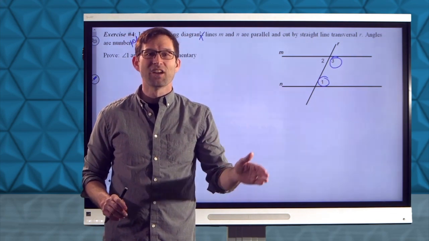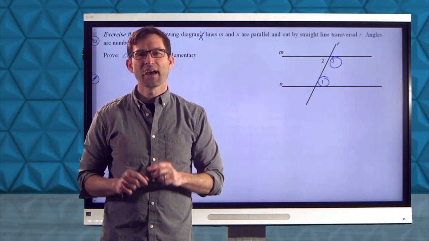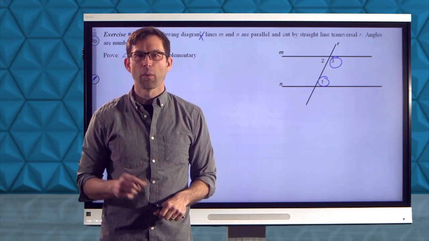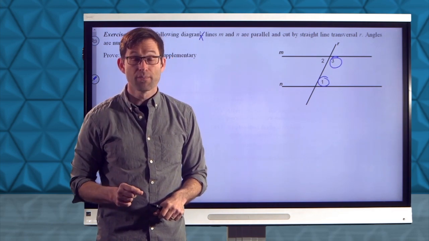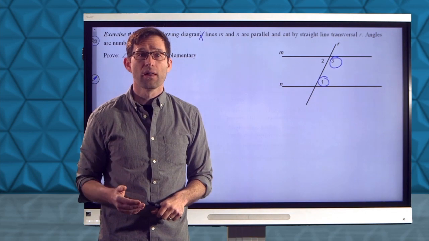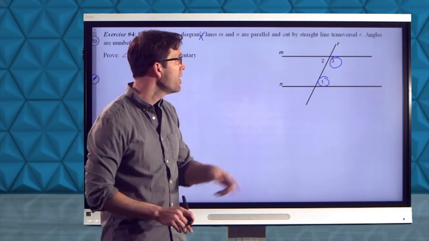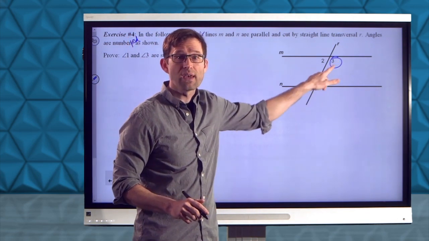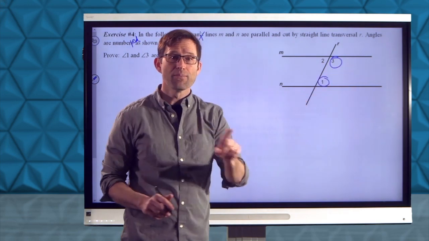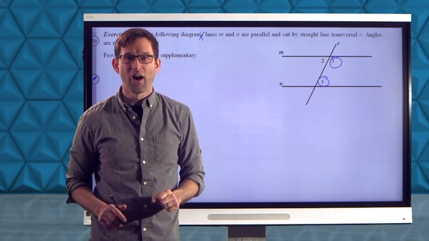Same side interior angles. Those angles will be supplementary. They will add up to 180 degrees. We'll want that when we talk about parallelograms in the next unit, all right? These 2 angles will always add up to 180, and we're going to prove it right now.